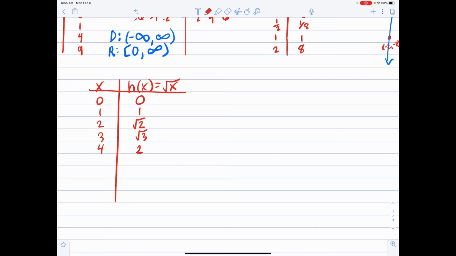You can find those decimals for square root of 2 and square root of 3 to graph those correctly.